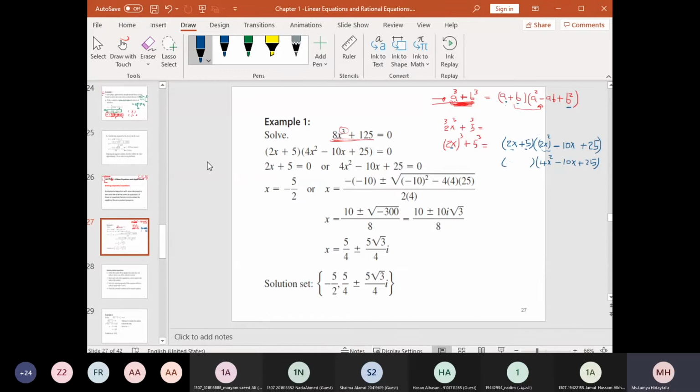So this is a bracket and this is another bracket, 2x plus 5. And don't forget this is equal to 0. That means this whole part is equal to 0.